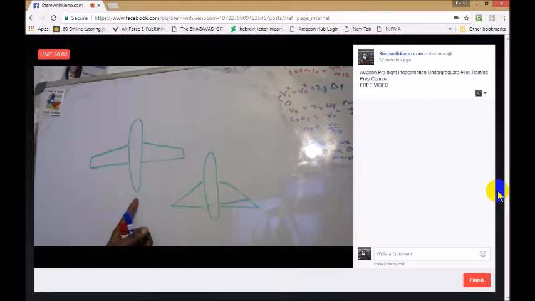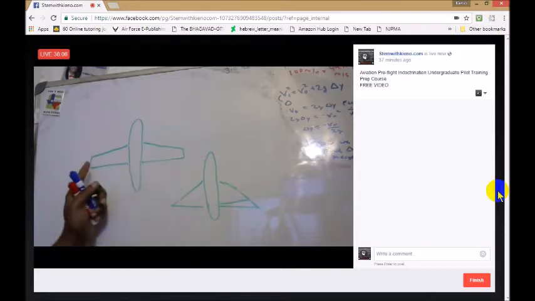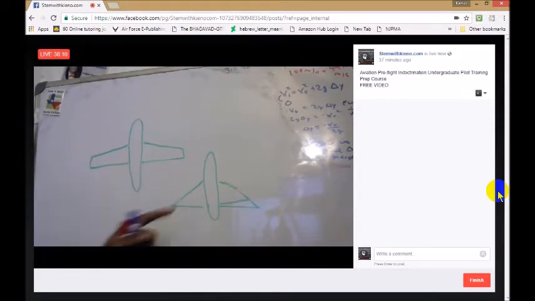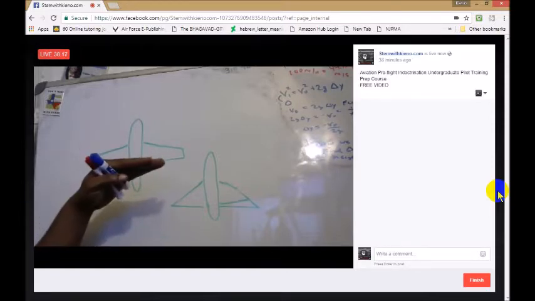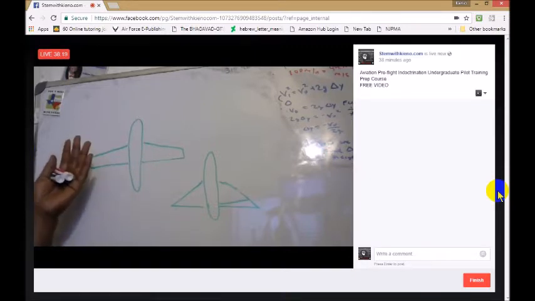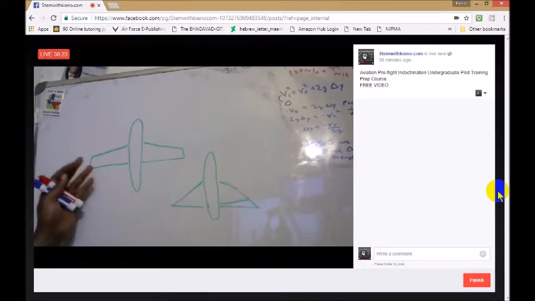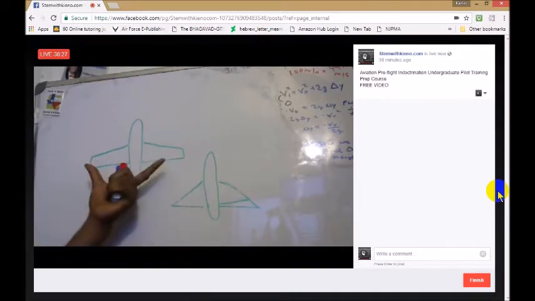This wing configuration, or this wing planform, is very, very effective at low speeds, whereas this aircraft is very, very effective at high speeds. So this wing planform, it's pretty much straight. If you look at one of the older airplanes, they don't move that fast, and so you pretty much have a straight planform.